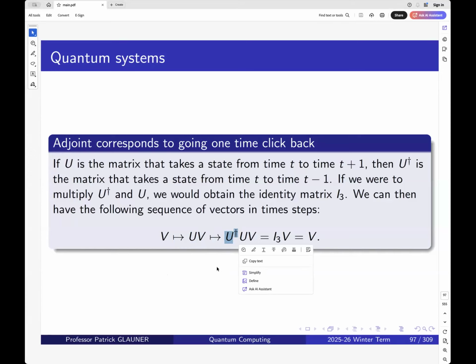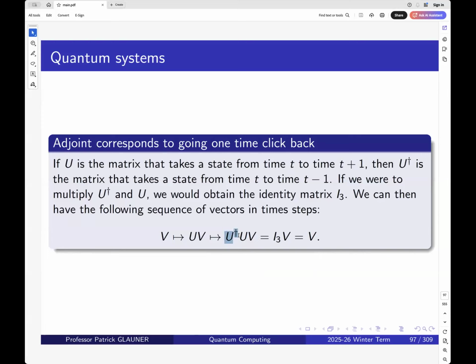The transpose is something we saw before, which we could use to go back in time. Here, this is strongly related to the transpose, but we have complex entries, not real entries, so we need a conjugate of each entry.